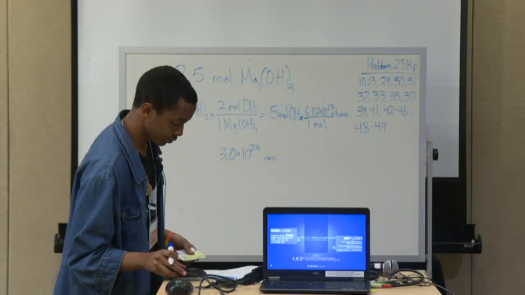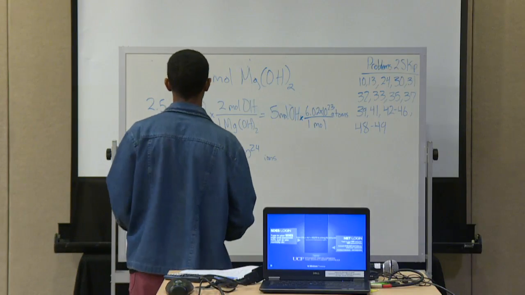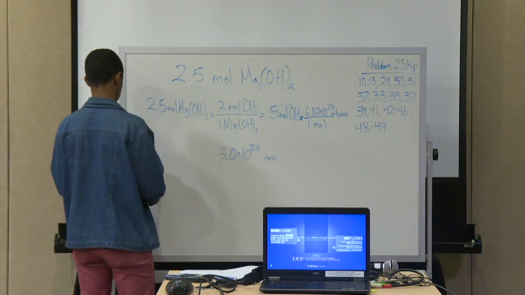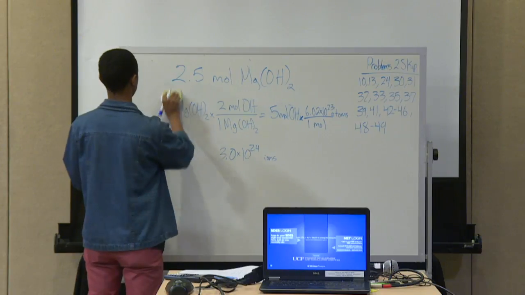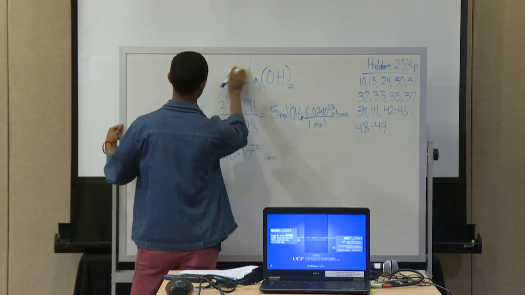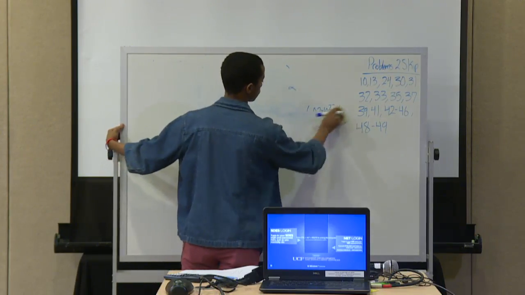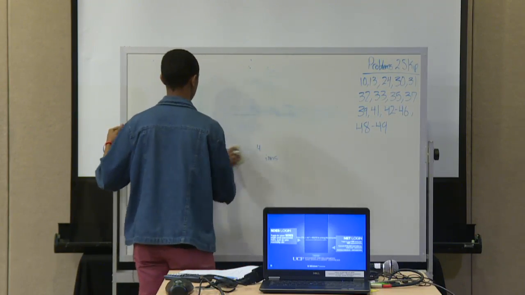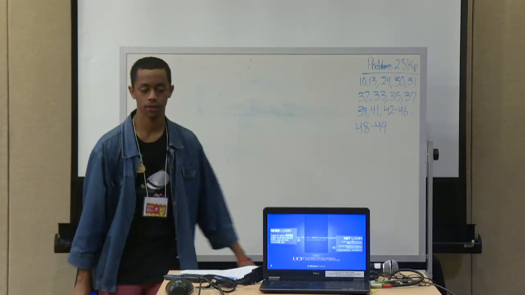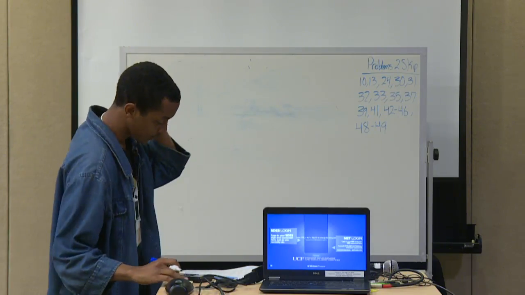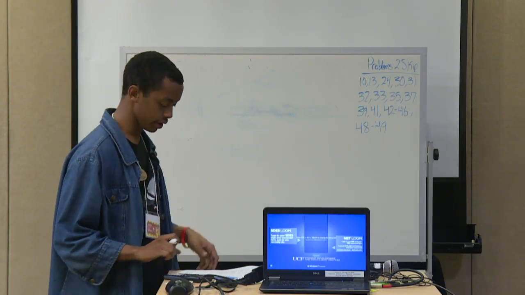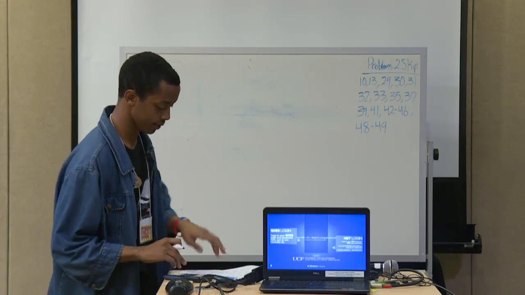Moving on to number 3. All right, a sample consisting of 1 mole NaBr and 0.3 moles of KI. Cool?